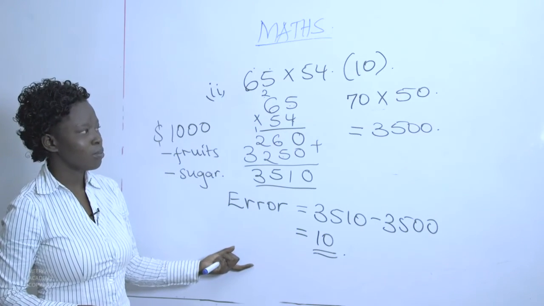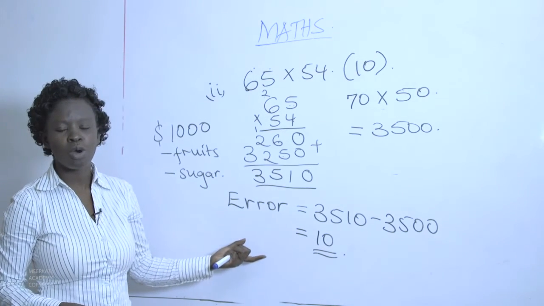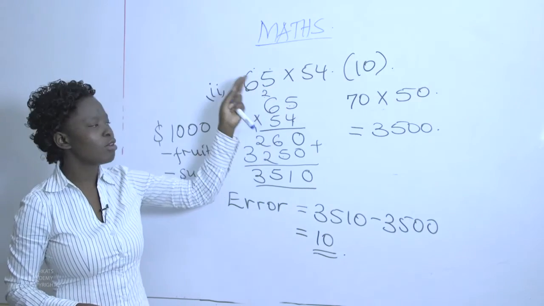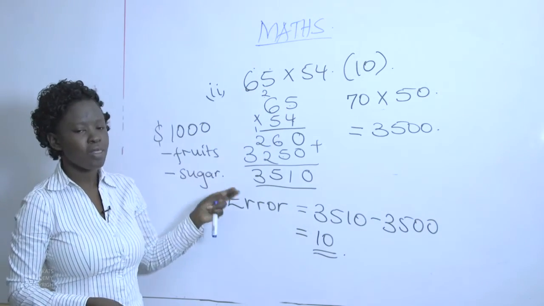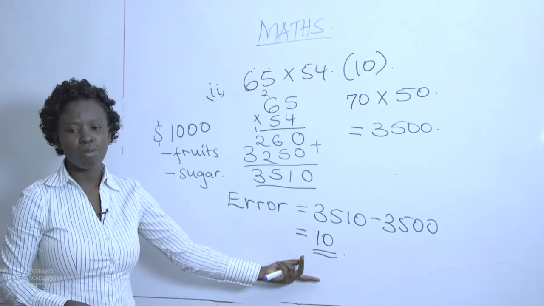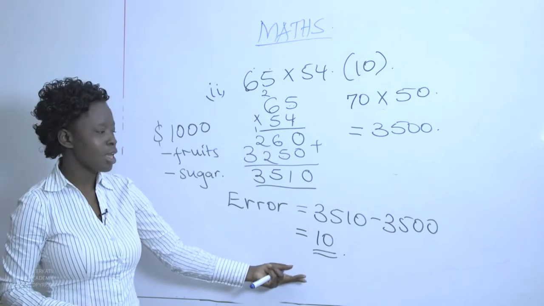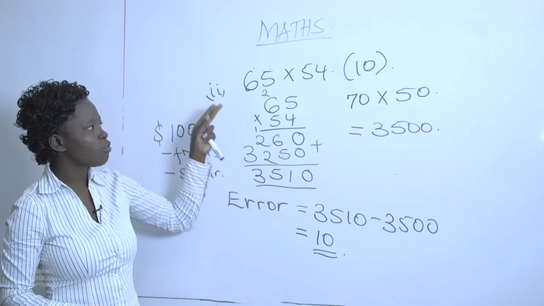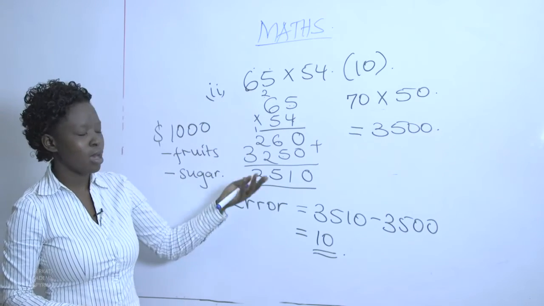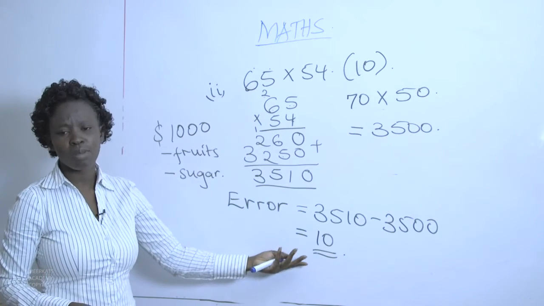So what does it mean? It is very much important to know how you are rounding. If one figure is being rounded up, then round the other figure down so that your error will not be so large. But when you round the figures in the same direction, maybe all of them down or all of them up, then it means you're going to obtain a very big error.